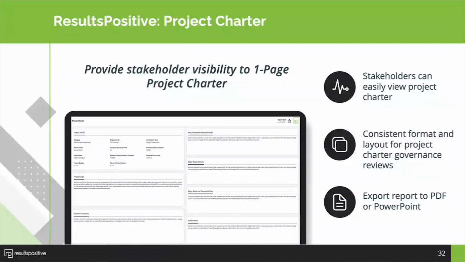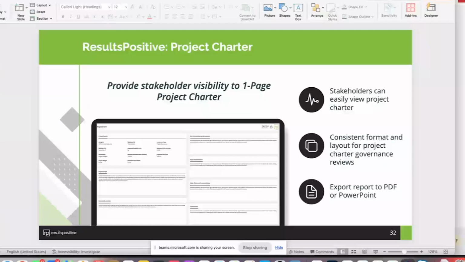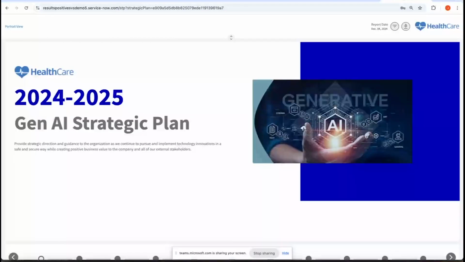So just based upon timing here, I'm just going to go in here quickly and show a couple of things. I'm going to first come over here. We talked a little bit about strategic planning. So we have this overall solution here. By going into the system, creating a strategic plan, you'll have this overall online version that you can share.